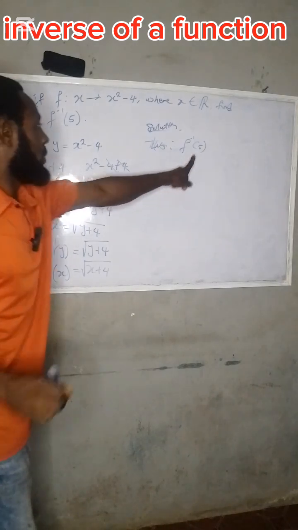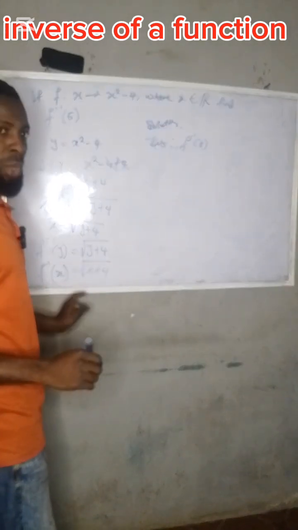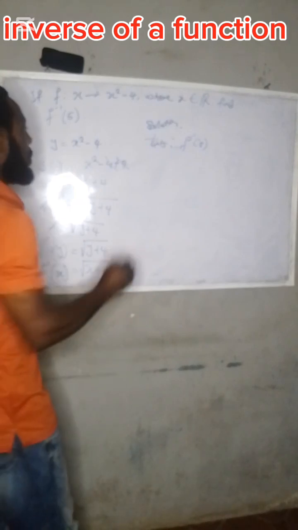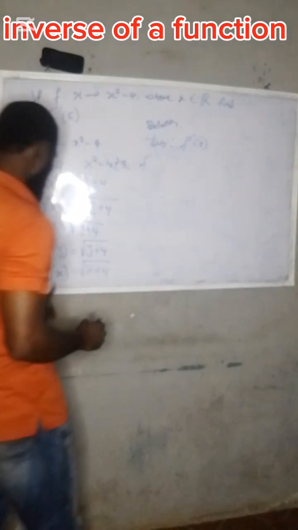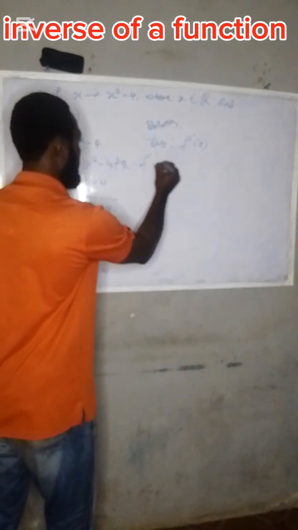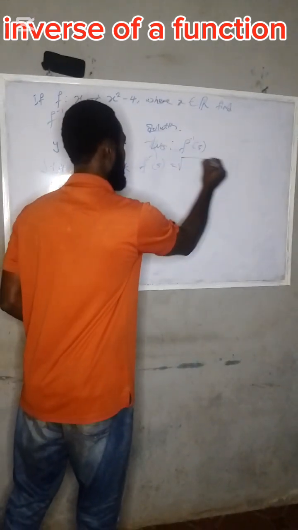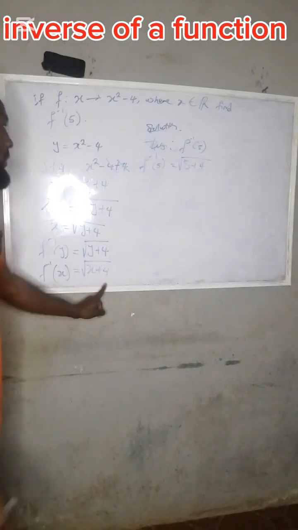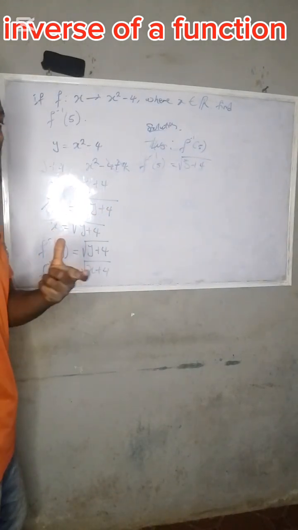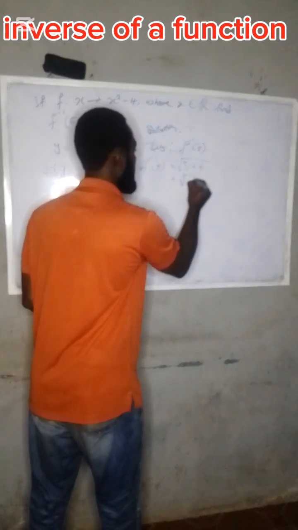Now we are having 5, so we substitute 5 everywhere we see x. So we have f inverse of 5 equals the root of 5 plus 4. 5 plus 4 is nothing but 9, which means it equals the root of 9.